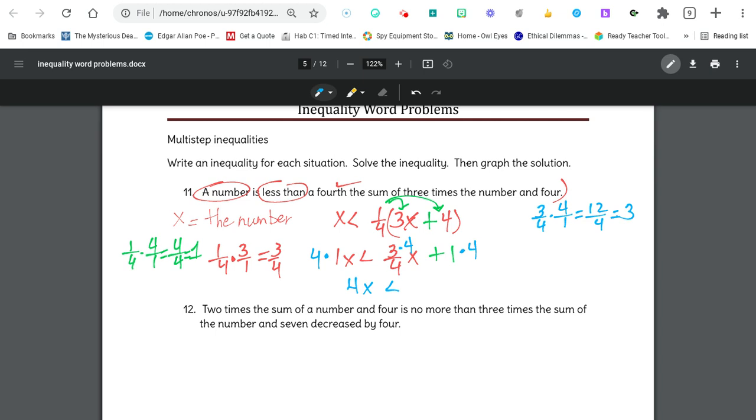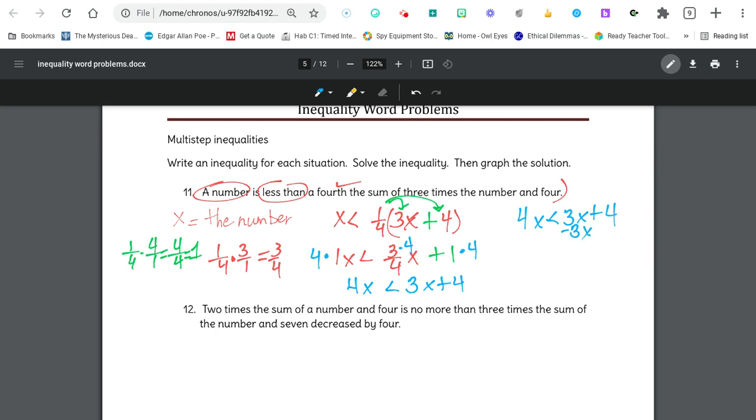So that's the new inequality I'm going to use, okay? I need to erase this. So 4x less than 3x plus 4. It looks better without that fraction in it.